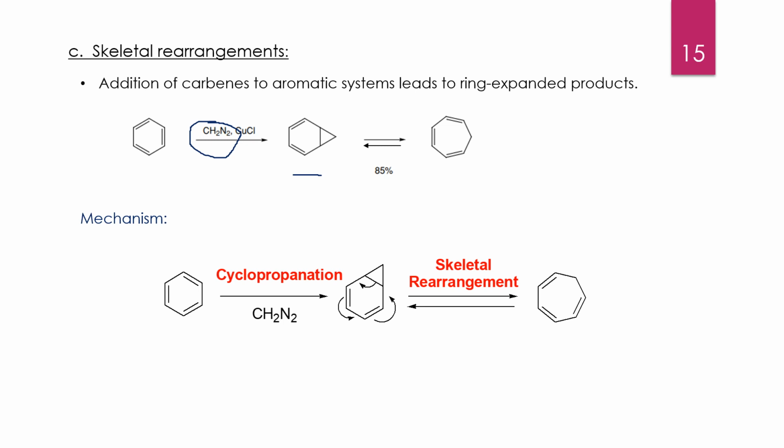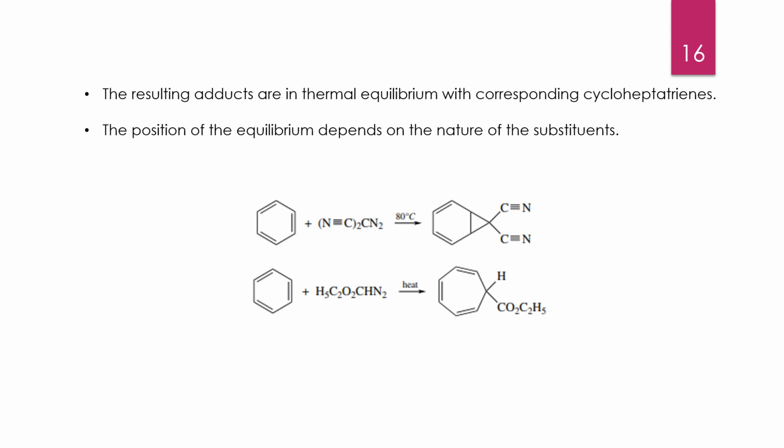So there is equilibrium between this and this. The position of the equilibrium depends on the substituent of the carbene. What is the carbene after this N2 elimination?